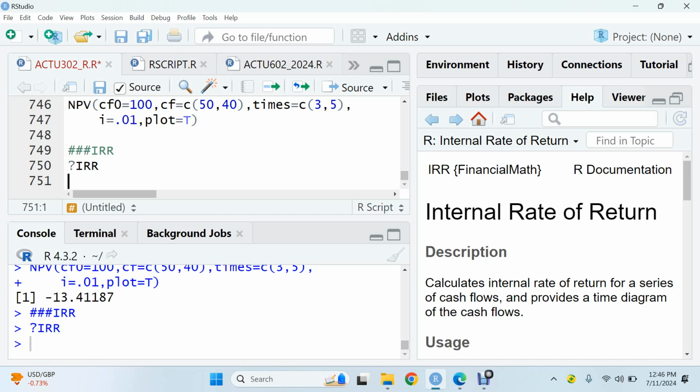You are making R the subject. Percentage? No. What else? You are setting the NPV to 0. So what are you doing in that case?